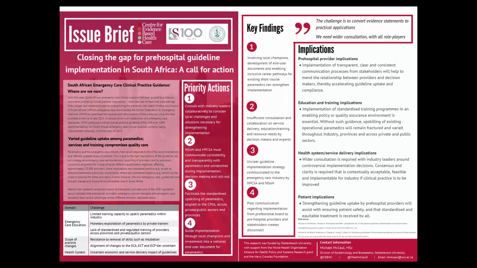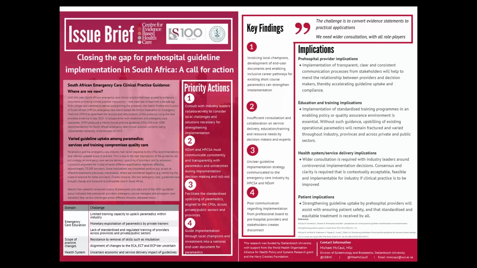And so we really stated in our issue brief some brief background, as you can see, some challenges that are being faced among paramedics, and then we listed 4 priority actions that we would like decision makers to be aware of, specifically around promoting the results of our research and what their action should be.